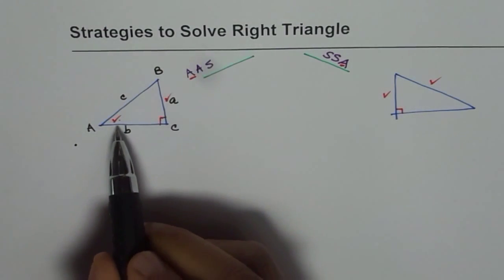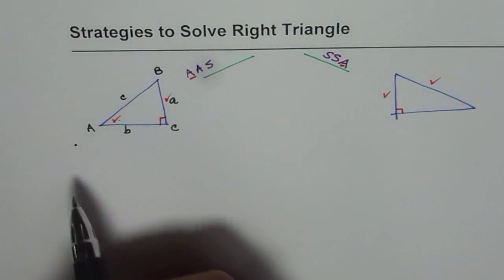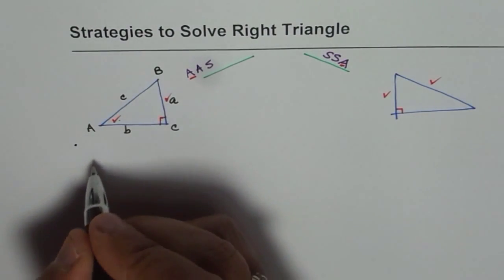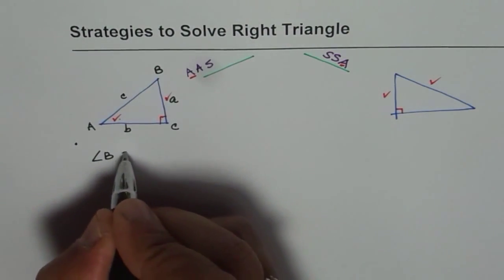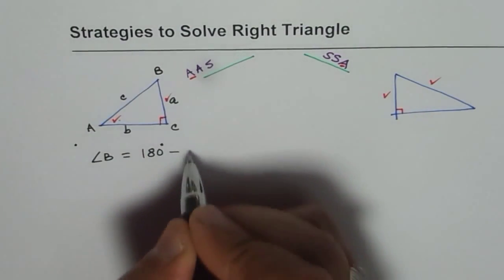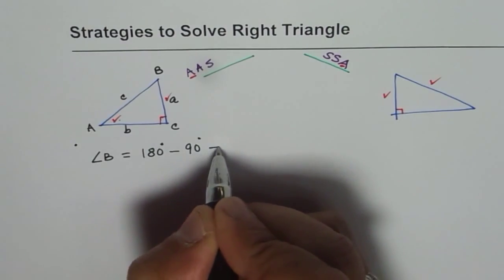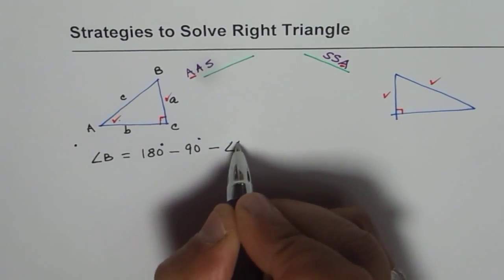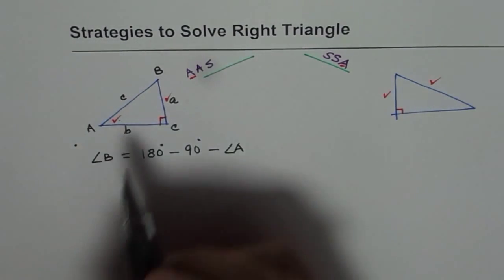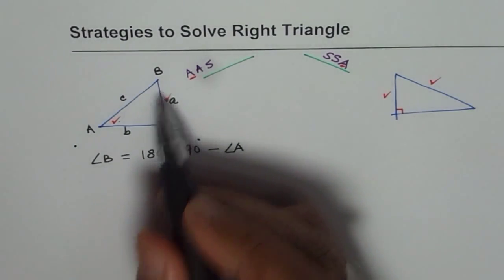Now since we know angle A and the side a, what we can do as a first step is find angle B. So angle B should be equal to 180 degrees, take away 90, take away angle A which is known to us. So we know angle B now, right? So that is how you get all the angles.